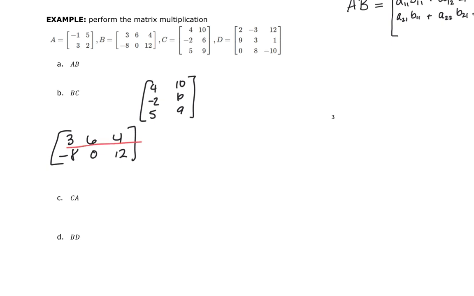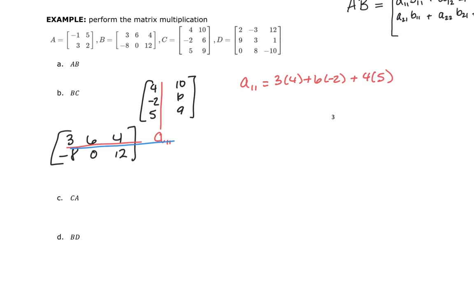I'm going to multiply these times these. I'm going to call this A11. So A11 is going to be 3 multiplied by 4 plus 6 multiplied by -2 plus 4 multiplied by 5.